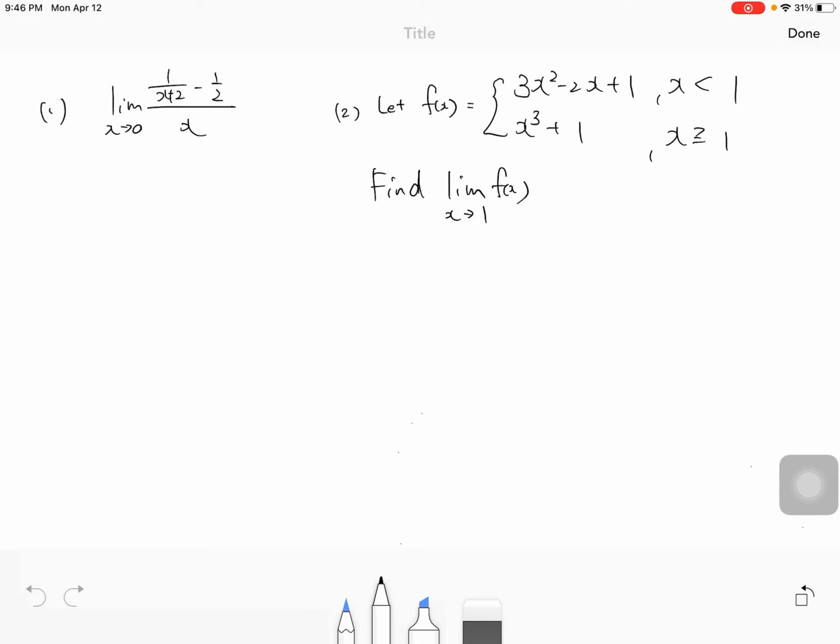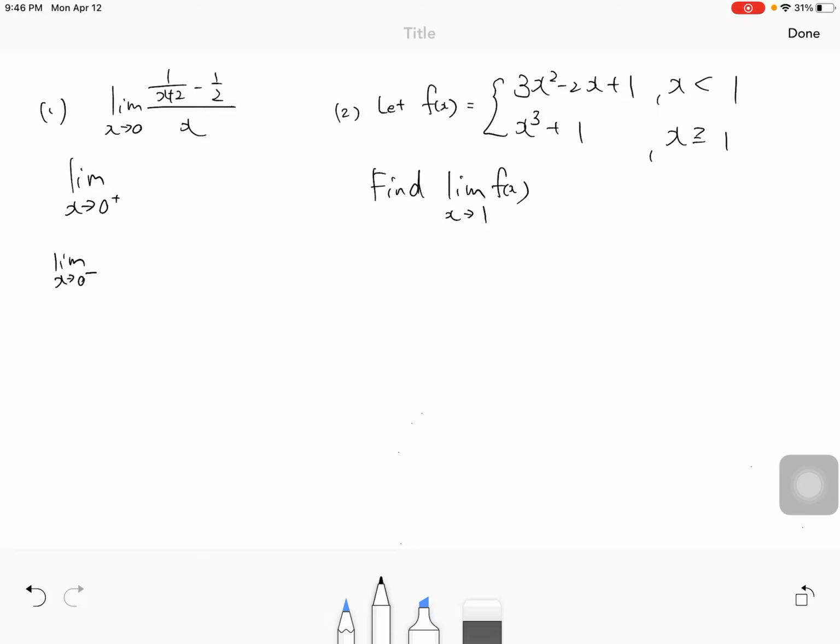So you have to find the limit as x approaches 0. When you want to find the limit, you need to find two things. One is x approaches 0 from the right side, and also x approaches from the left side.